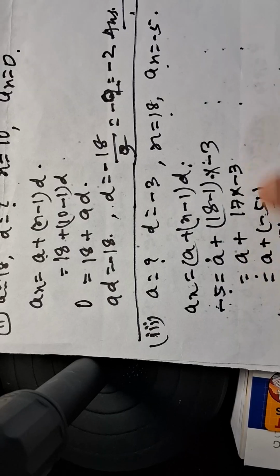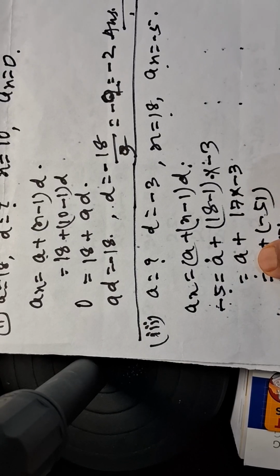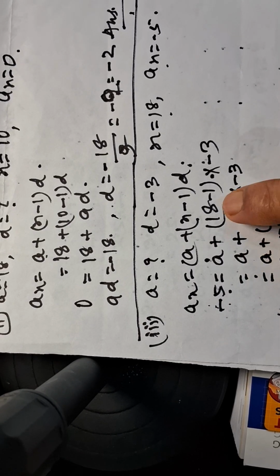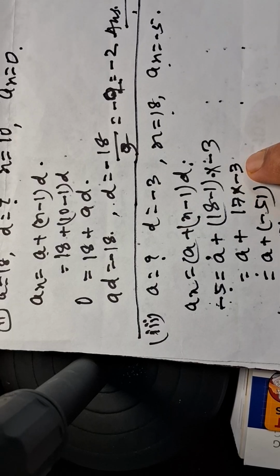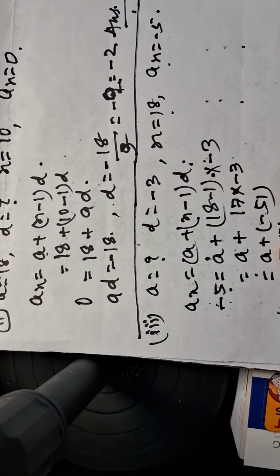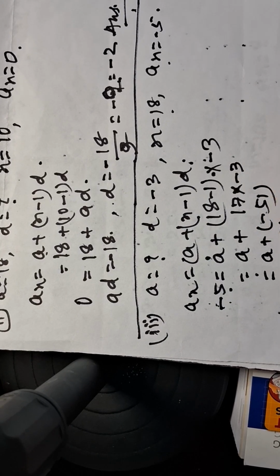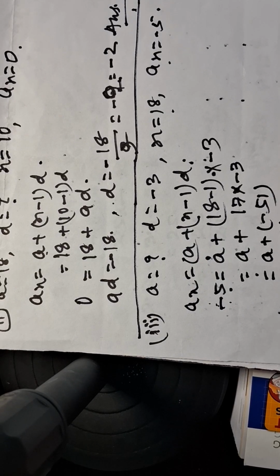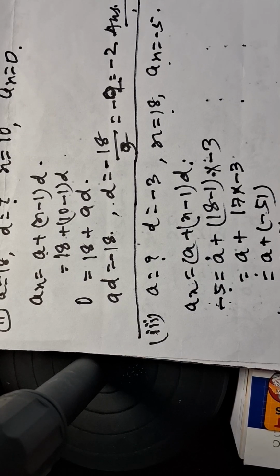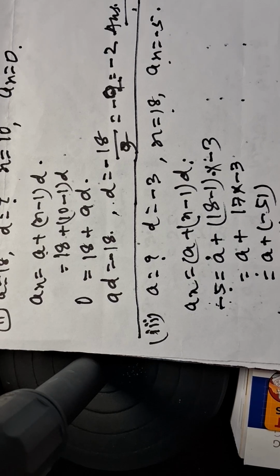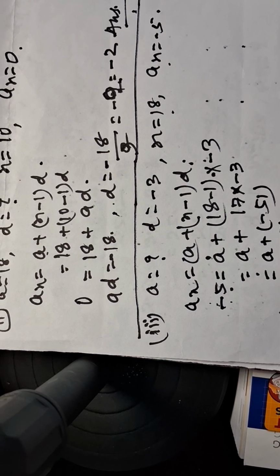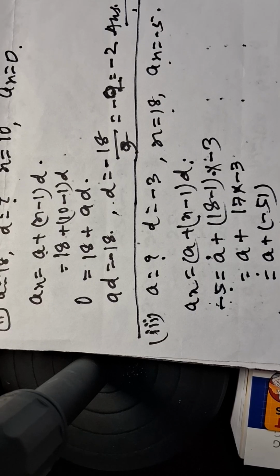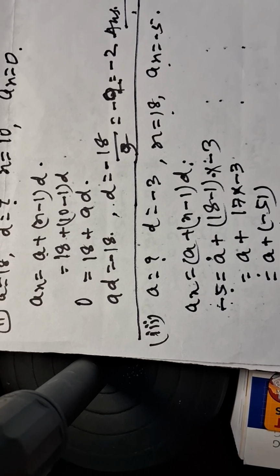Now solve this. A plus 17 into minus 3. How much? A plus minus 51. A minus 51. Now an is minus 5, so this 51 will go to this side. Then it will be plus 51, and 46 will be the answer.